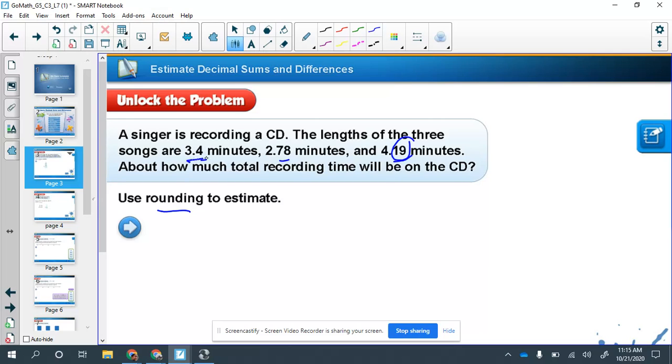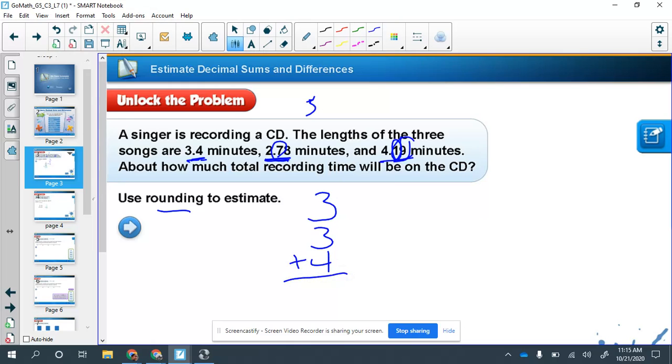Well, 3 and 4/10 is going to round down to 3. 2 and 78 hundredths is going to round up to 3, right? Because we are going to look at the 7 and it is greater than 5, so we would round that one up. And then over here, 4 and 19 hundredths, again, we're going to compare the 1 to 5. It's too small, so we're going to round that one down to 4.